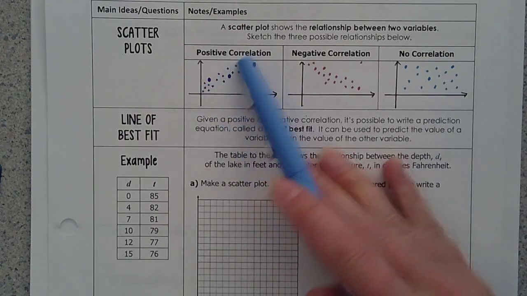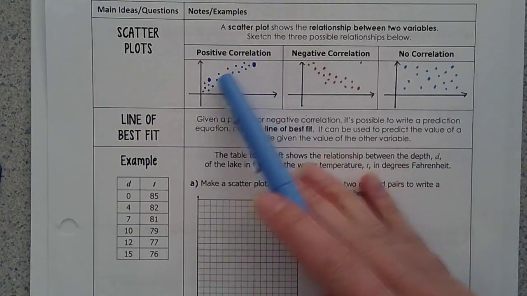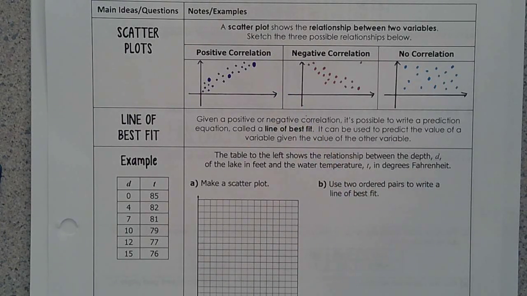So if I took my data here and I made an equation to represent this line, I could say, okay, now if I have a person who is 7 feet tall, how big do I guess his shoe is going to be? Data analysts can use this to predict populations, financial information, all sorts of things that are important in the data analysis world. And so that's what we're going to look at right now.